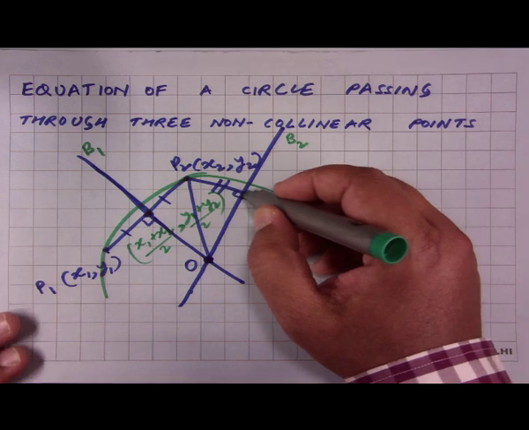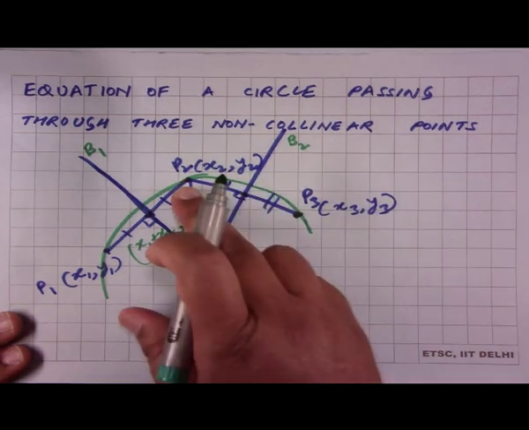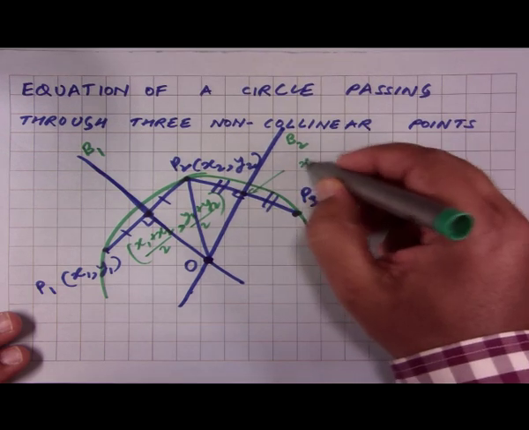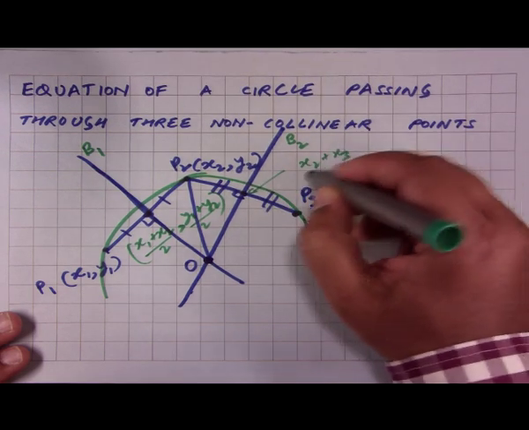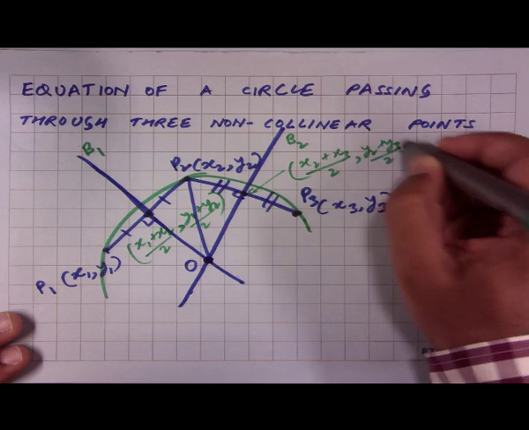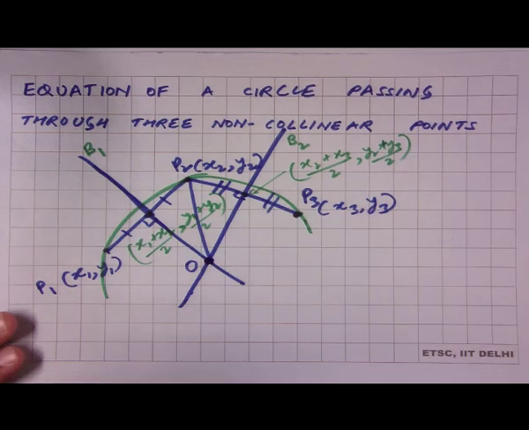Similarly, the coordinates of the midpoint of this other chord P2, P3 is x2 plus x3 over 2 and y2 plus y3 over 2.